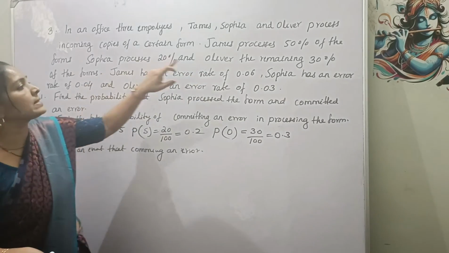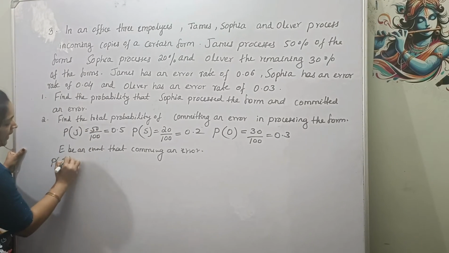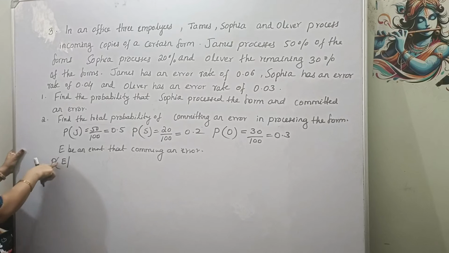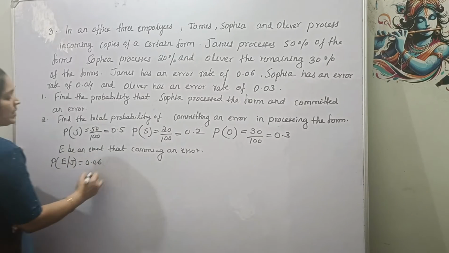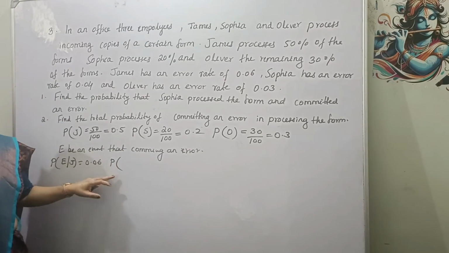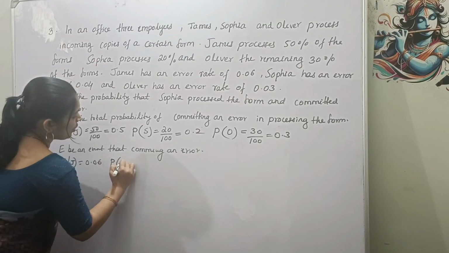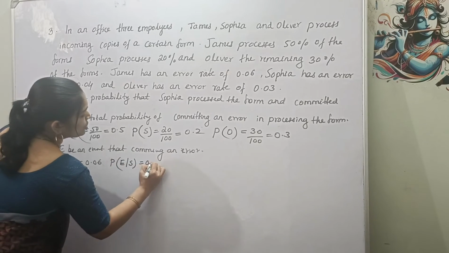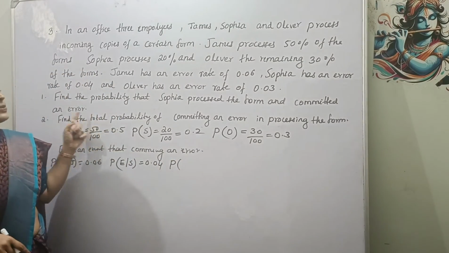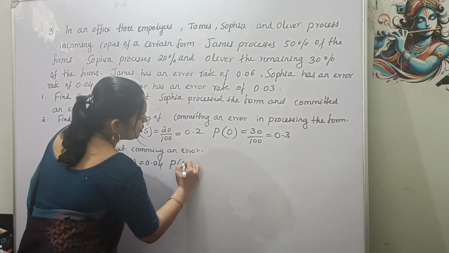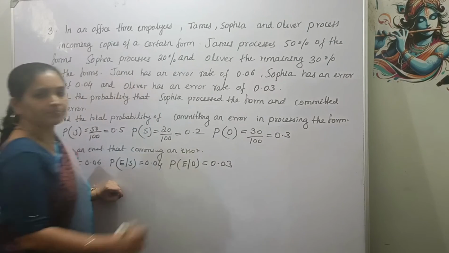The probability of committing an error by James, that is probability of E given J, is equal to 0.06. And probability of committing an error by Sophia is 0.04, that is probability of E given S is equal to 0.04. And probability of committing an error by Oliver is 0.03, that is probability of E given O is equal to 0.03.